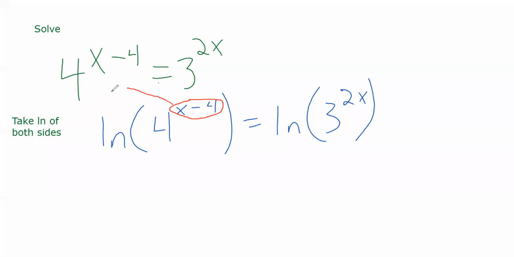So we're going to bring down the power using the power rule for logarithms. That's the whole reason we took a logarithm on both sides. And now we might have to get a little bit crafty with how we solve this one. This one may not be pretty. So we're going to have to really use our algebra rules here.